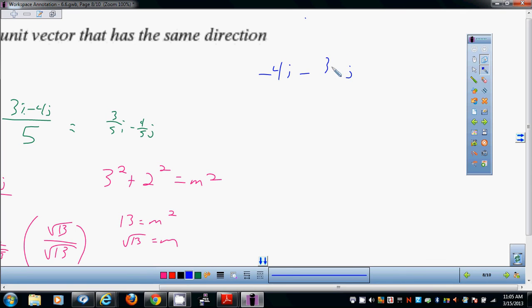Pythagorean theorem. Now, Sam, you asked for it. I need my magnitude. You can just tell me square root of that number.